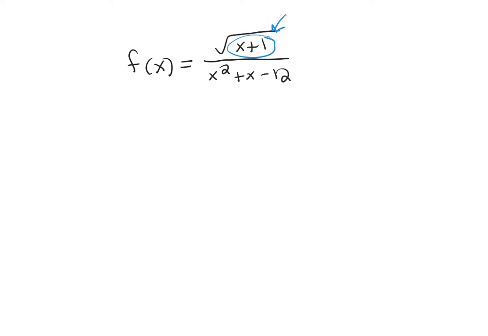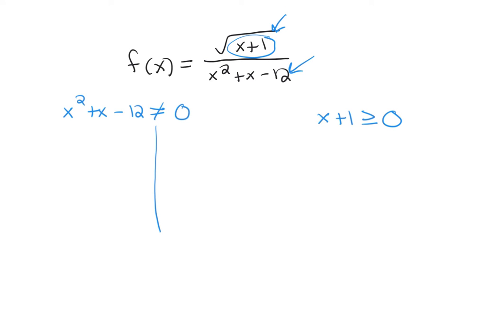So once again, x plus 1 has to be greater than or equal to 0. But now I also have a variable in the denominator. So my denominator, x squared plus x minus 12, cannot be 0. So let's solve both of these.